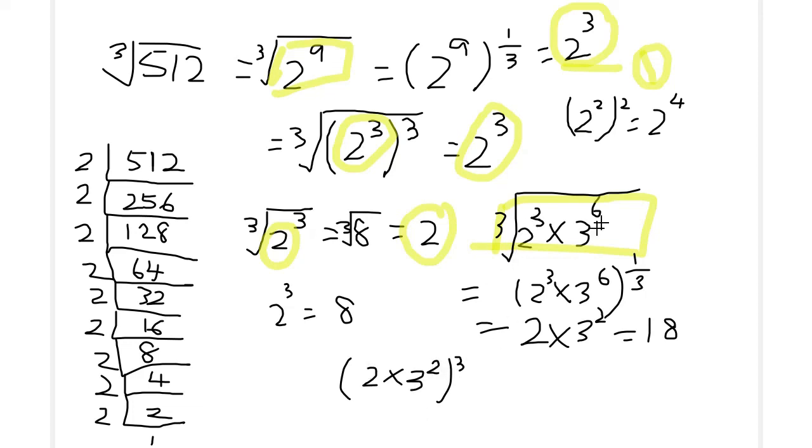So 2 times 3 is 6. Okay, just do a quick check, and you cube root this. So what you get here is actually the same answer, because when you cube root a cube, it cancels out, and it only gives you the thing inside here, right? So yeah, and this is 18 as well.